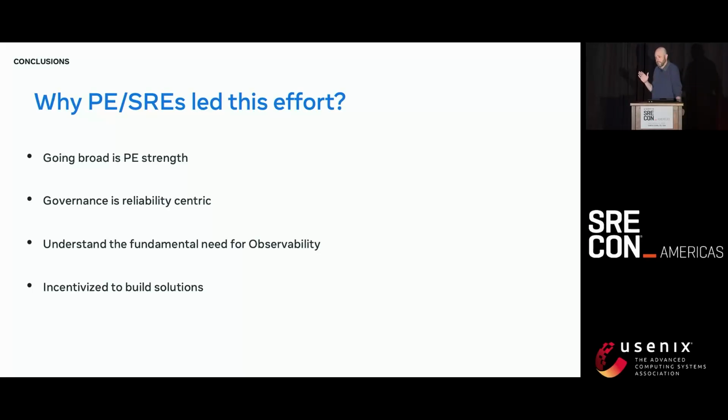They're very focused on what output they're getting from their thing, where we're trying to take a step back and look at the fleet level or the company level of what's going on and what's necessary to have that observability across all of it. And so I think that bringing in that different lens of how we approach observability, not just on a specific slice, but across the broader ecosystem, is something that PEs are really set to do.